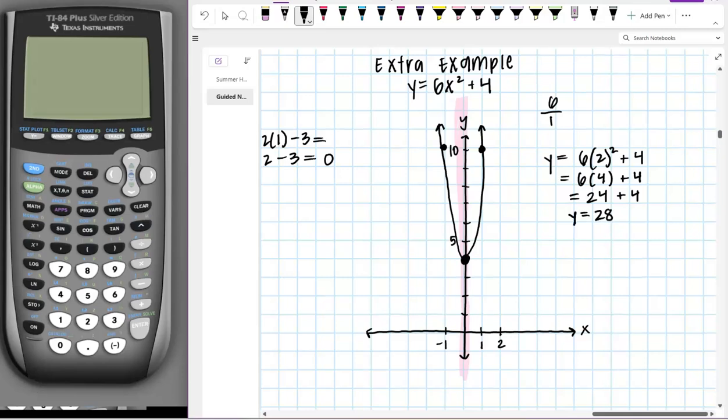So when x is 2, y is 28. And then I would also know that -2 would give me the same value, 28, because of the reflective property. And I could draw that if I wanted to, but I think you get the point.